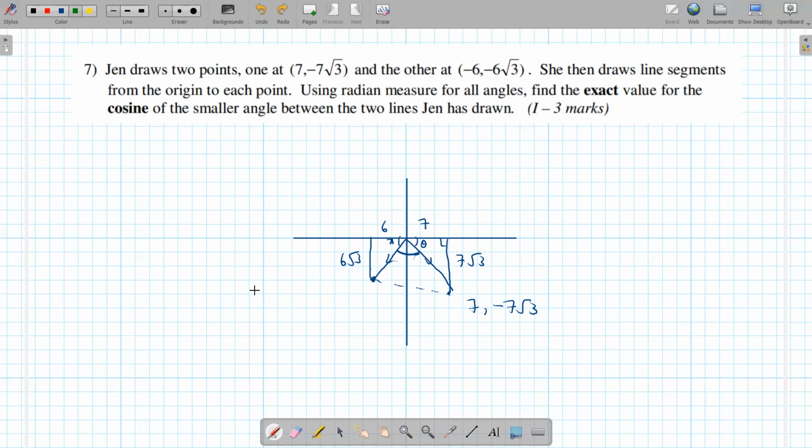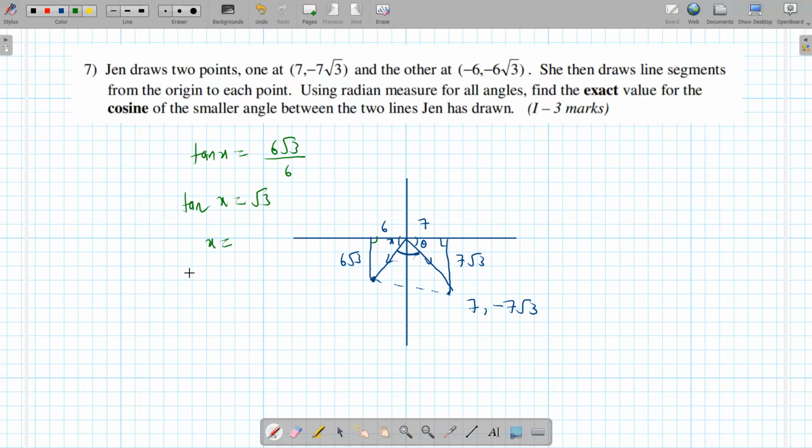Well, first, could we find the angles for each of them? Yeah, we can. In both of them, we don't have the hypotenuse, so we'd be using tan. So tan x equals 6√3 over 6. So that means tan x is √3. That means x is what?